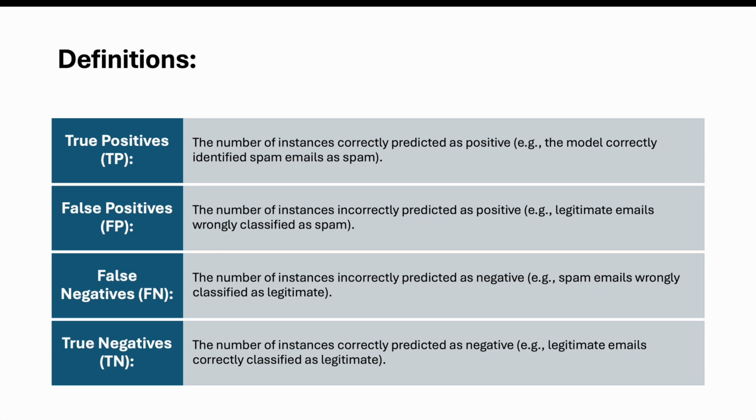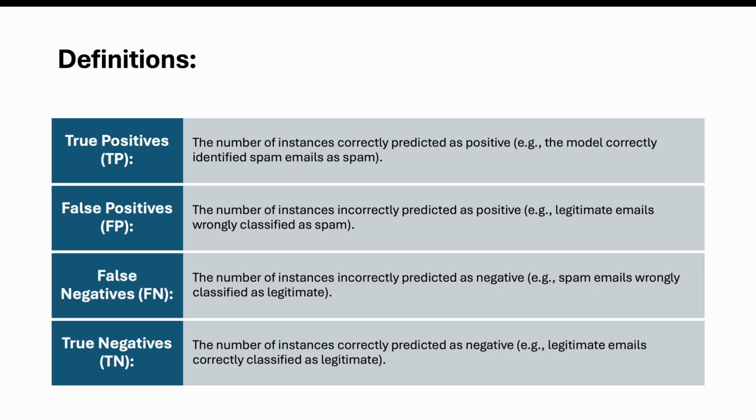Now what is false positive? The number of instances incorrectly predicted as positive. Legitimate emails wrongly classified as spam. I expected this is not spam, but my model says it is spam. This is called a false positive.